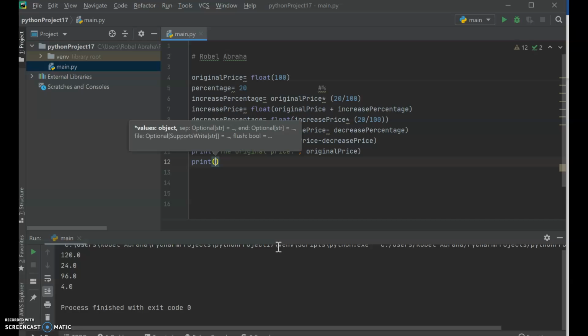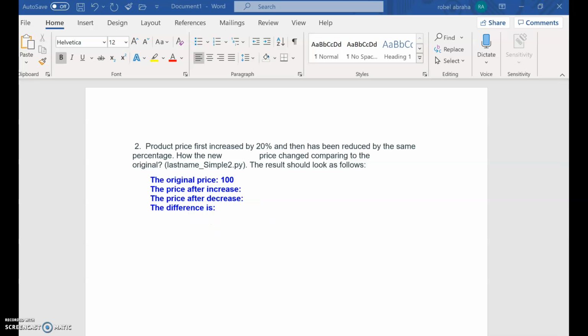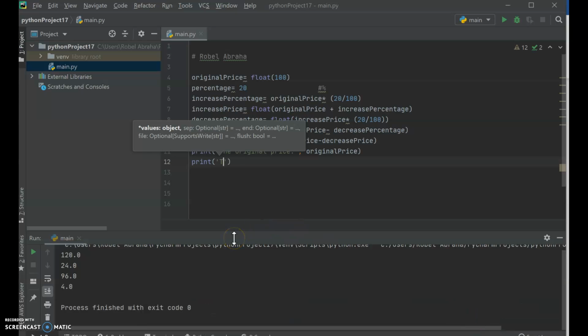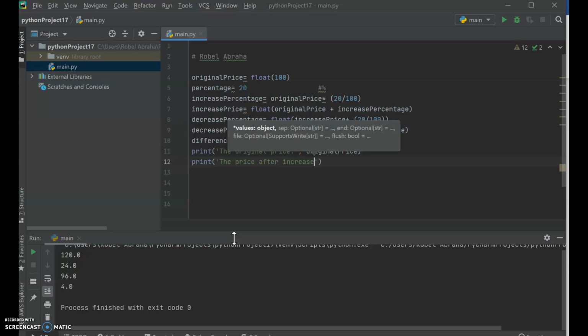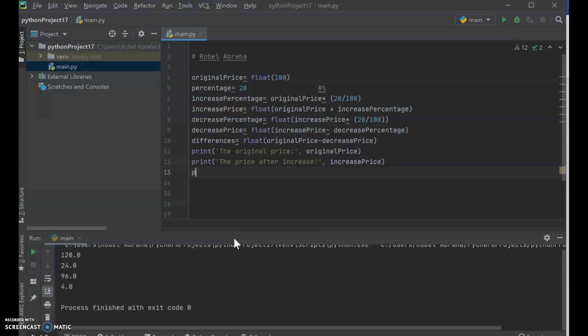Print the second, the price after increase, increase price. Print the price after decrease, decrease price.